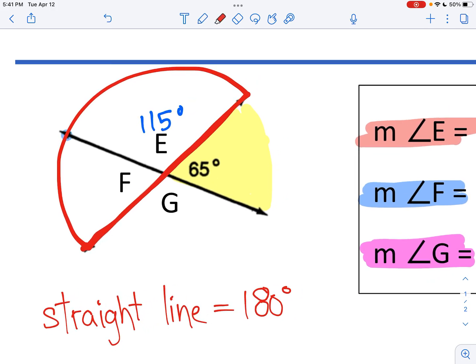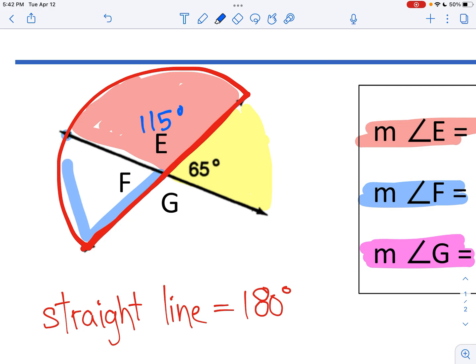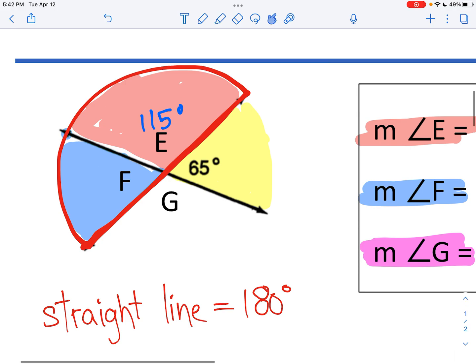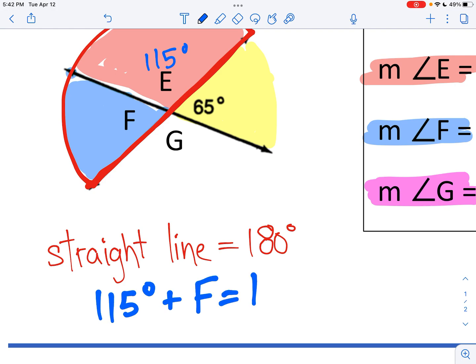There's E, that one we had red, and there's also F, that one I made blue. These 2 together are on the same side of a straight line, and when I connected those ends, it made half a circle, which is 180 degrees. So E, which we already know is 115 degrees, plus letter F is going to equal 180 degrees.